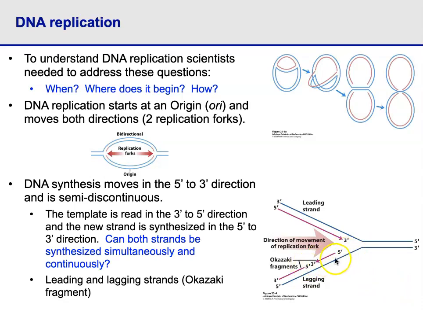These fragments that are basically formed as a result of the replication of the lagging strand are known as the Okazaki fragments. So the lagging strand is replicated in pieces which later on are ligated and combined together into one strand. And these fragments again are known as the Okazaki fragments.